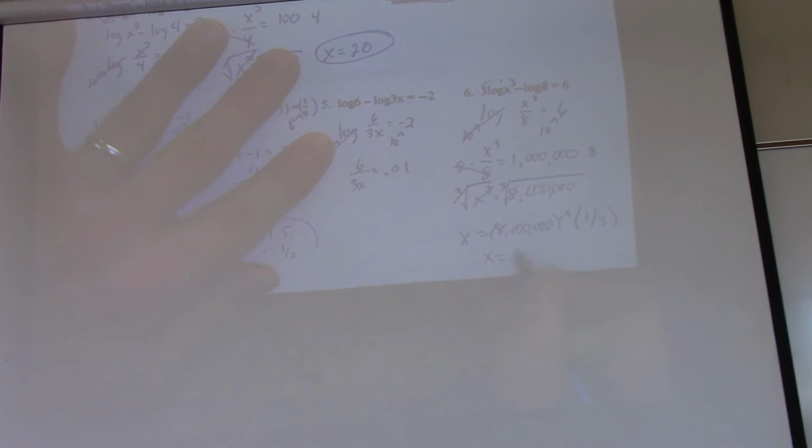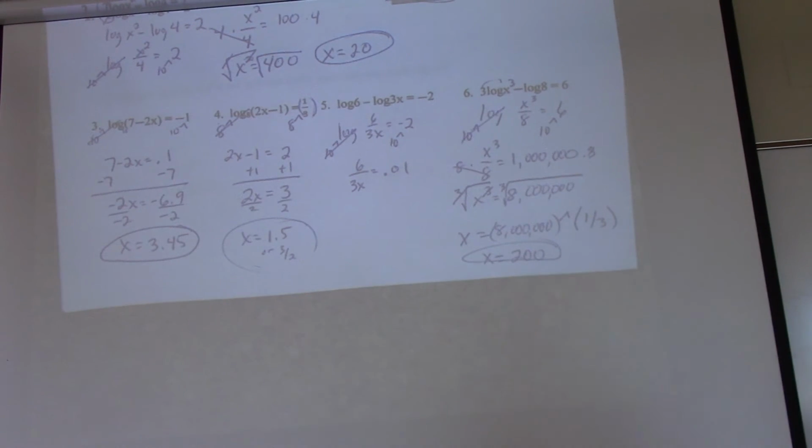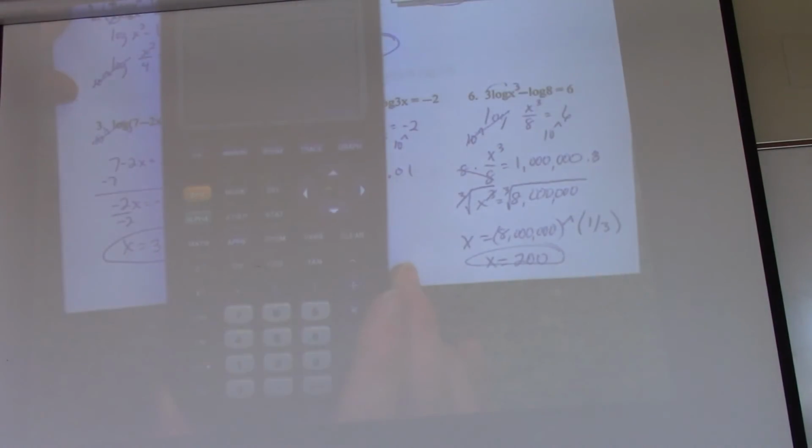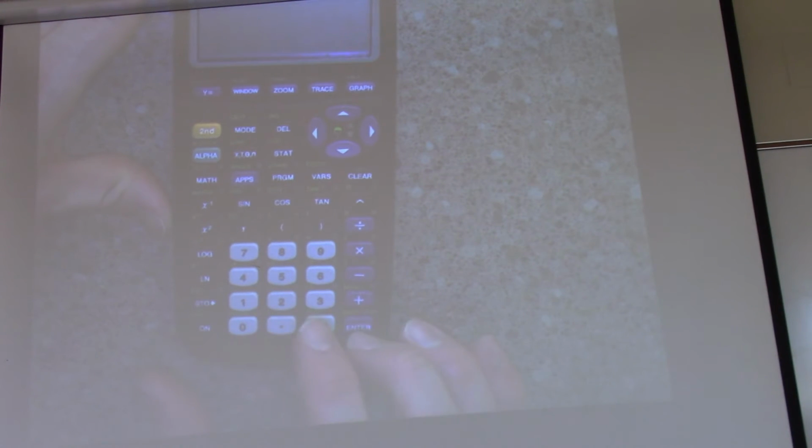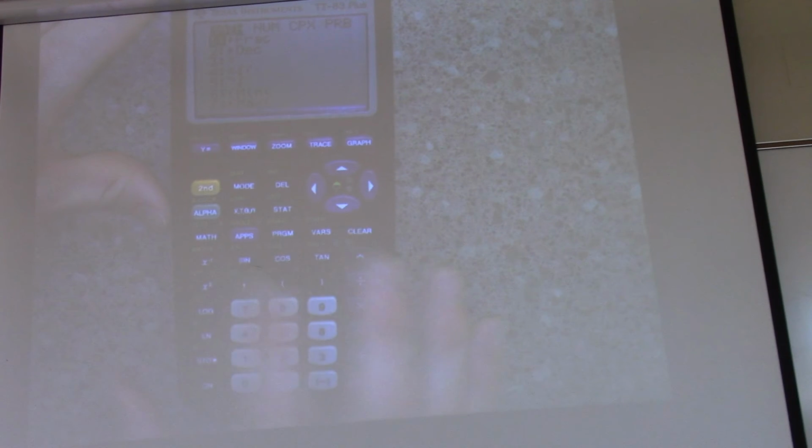All right. I'm going to show you the way that Madeline knows how to do it, and it's the same thing. On your calculator, I'm going to show you up here. Madeline, you have a different calculator, but it works the same way on mine. Let me get this white on here because it shows up better. Press the math button, right below alpha.